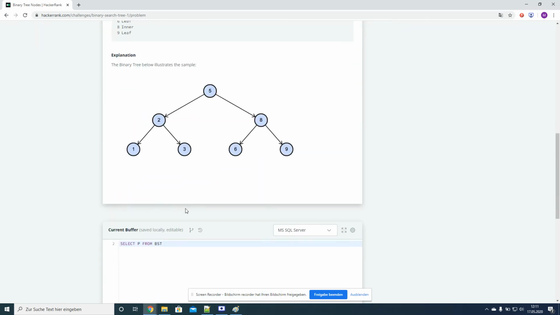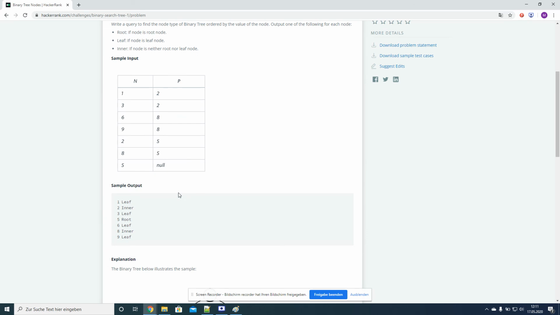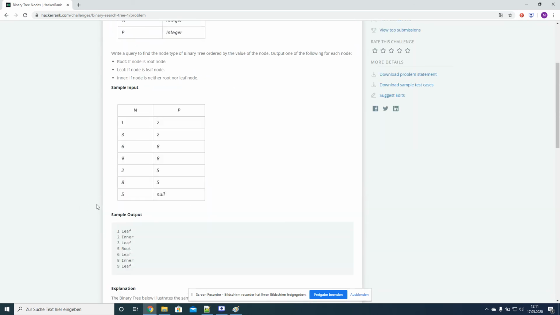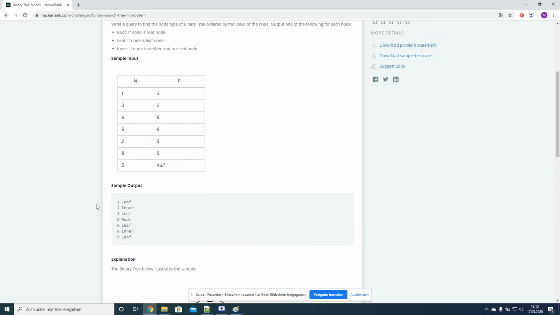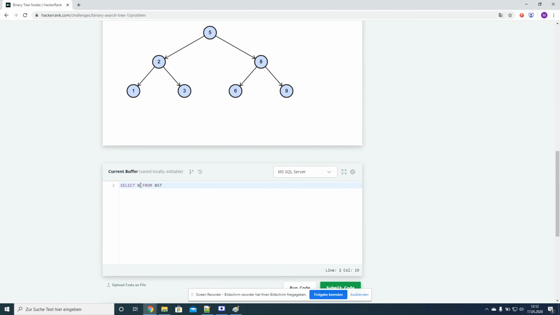We want the N, the values we want to have. The nodes from BST. Or first let's get the parents. Let's get all the parents here. Select P from BST. Very simple.